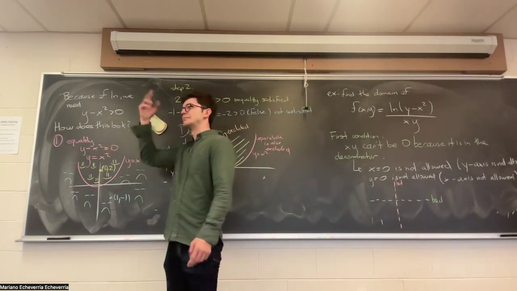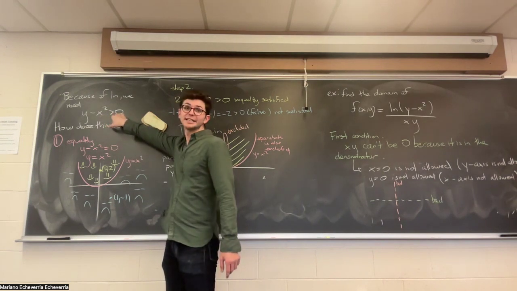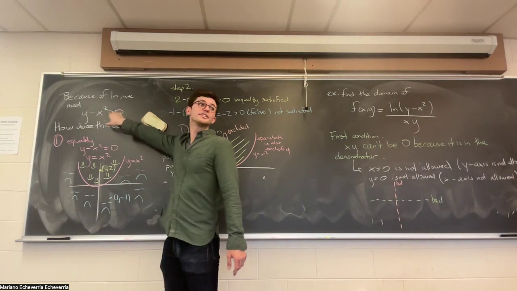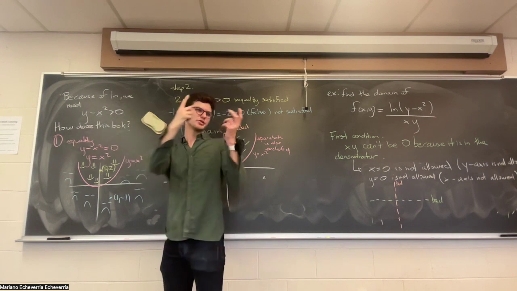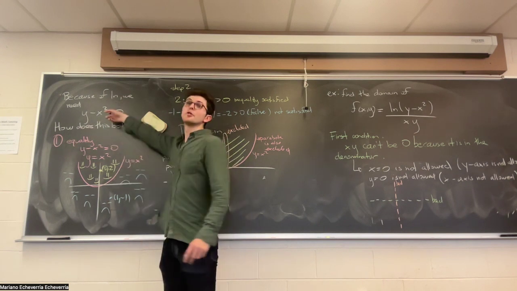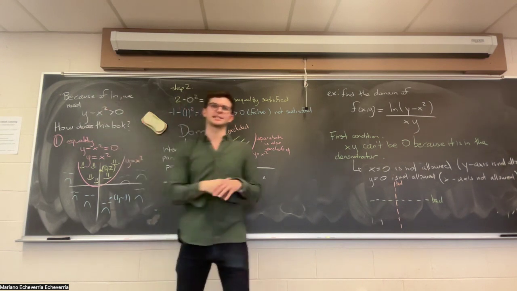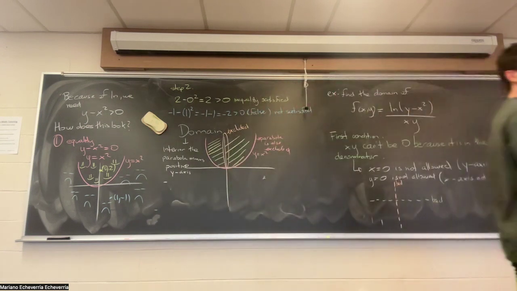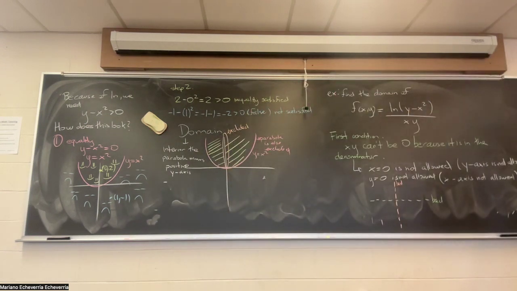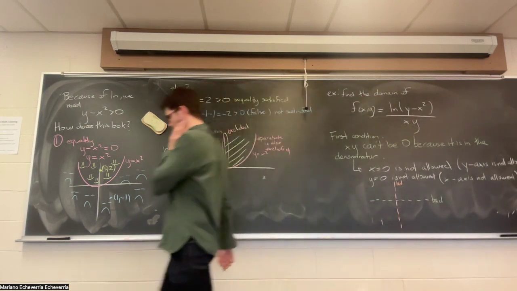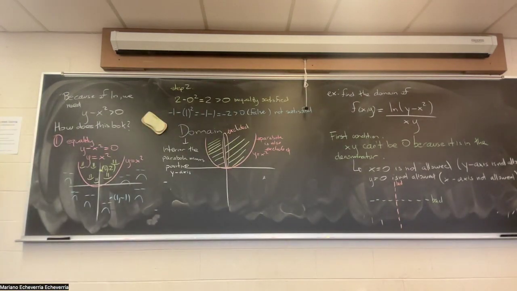Basically, the answer is more algebraic: because there was a strict inequality here, whenever there's a strict inequality, you exclude the curve. And if it had been greater or equal to, then the curve itself is fine. And the workshop on Thursday will have some more examples like this.